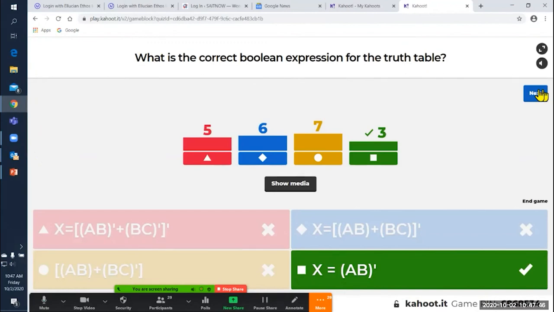Whoa. Look carefully at your truth table. I think a lot of you may not have been comfortable with that last answer because C is not there. In this case, C is a don't care.